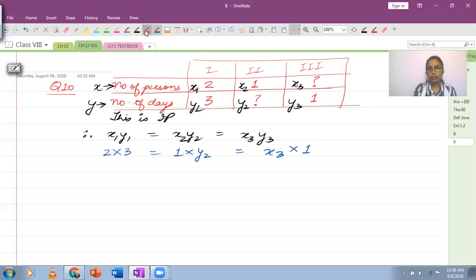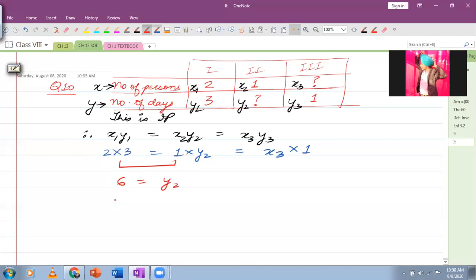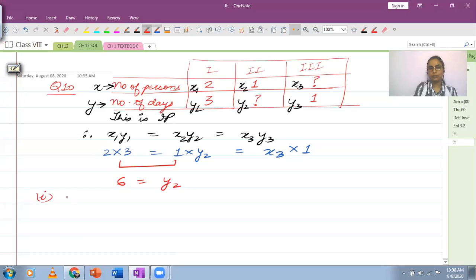Now I'm going to take it in pairs. I'll be working with these two first. So I have 6 equals Y2. So the answer for the first part is 6 days. And then let's take the other two values.